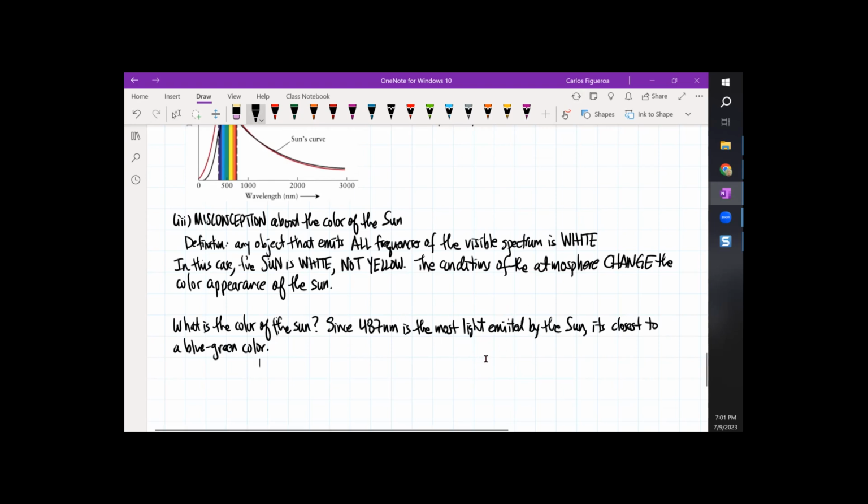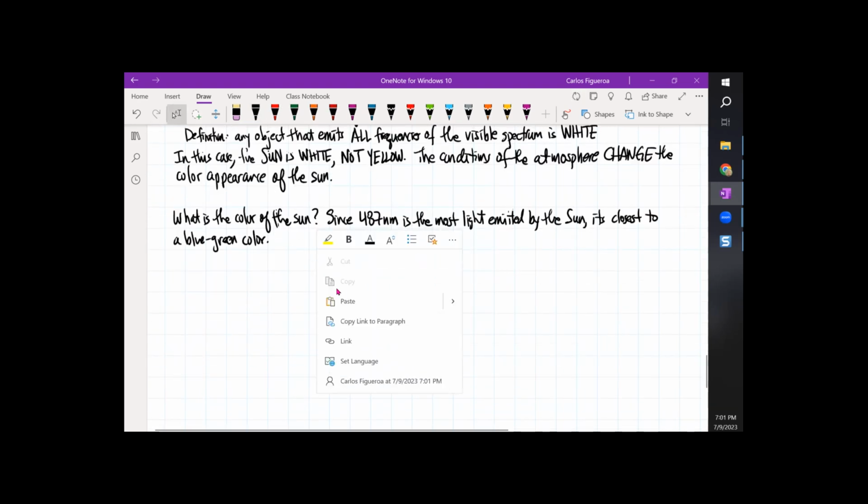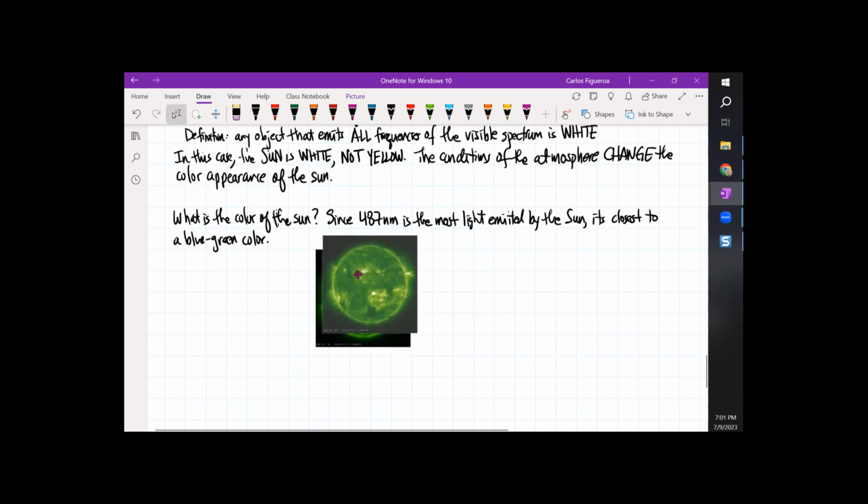So if you look at this thing, you could probably say that's the color of the sun, or pretty damn close. That's a NASA picture.